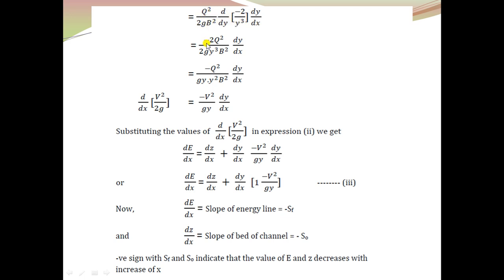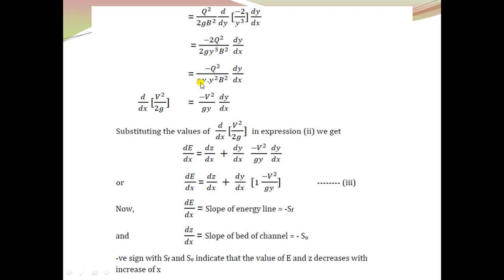So if we simplify, we will be getting minus 2 q square divided by 2g y cube b square into dy by dx. And let us rewrite y cube as y into y square. The other terms as it is. Here 2 will be getting cancelled.